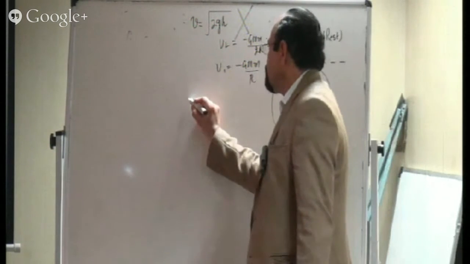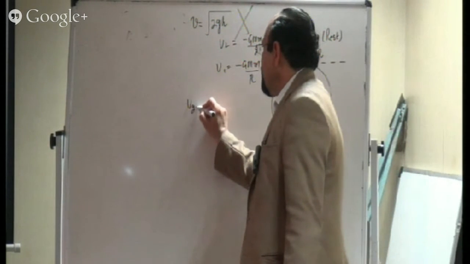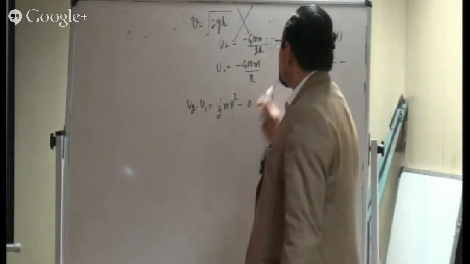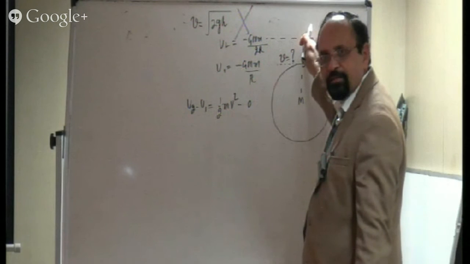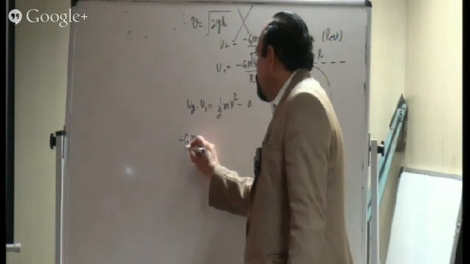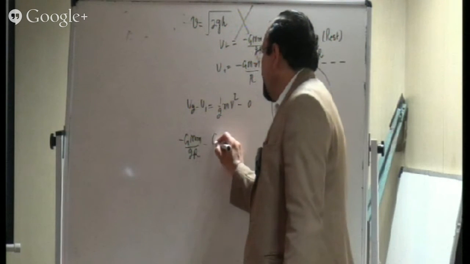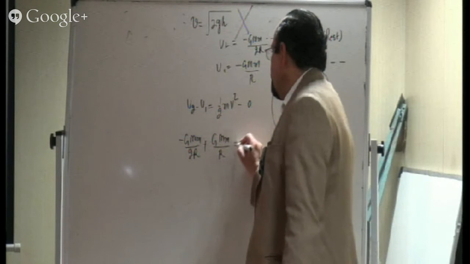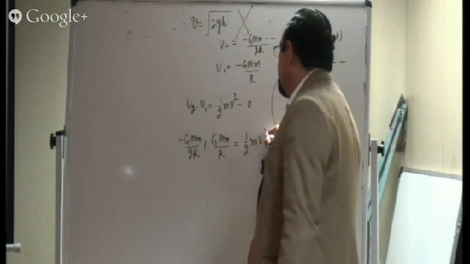So use this formula: U2 minus U1 is equal to half mv square minus 0, because kinetic energy is 0 in the beginning. So I write that minus GMm by 2R, minus will make plus GMm by R, is equal to half mv square.